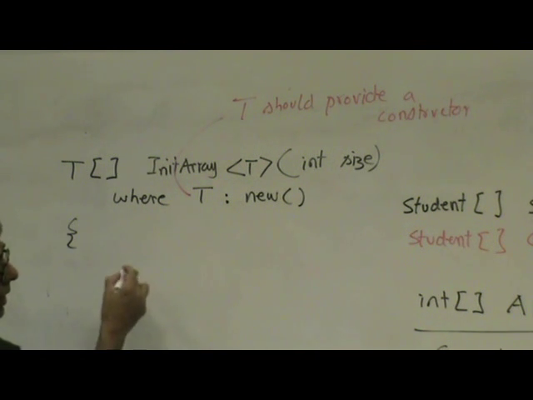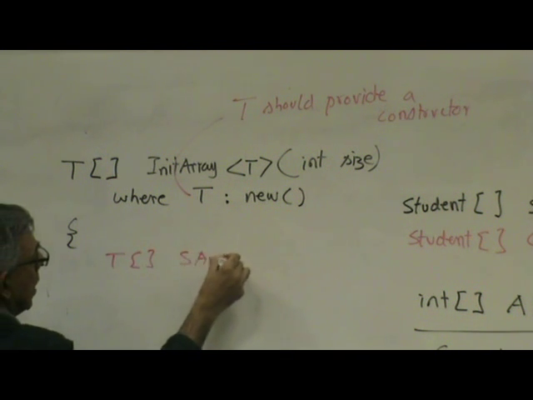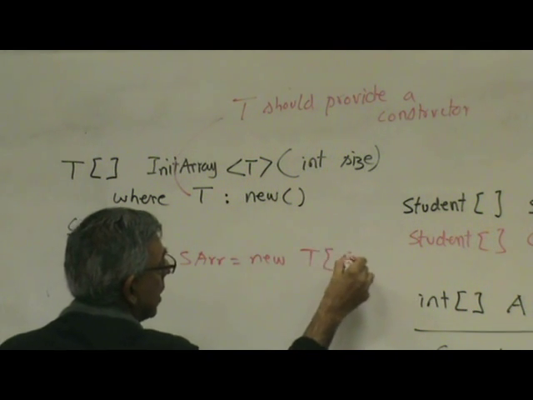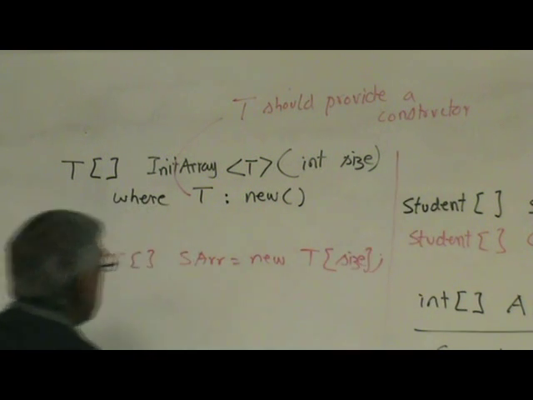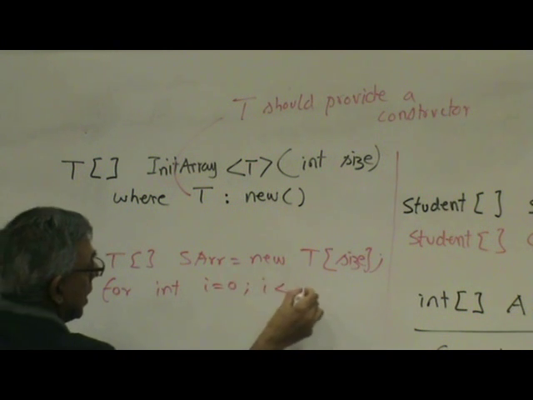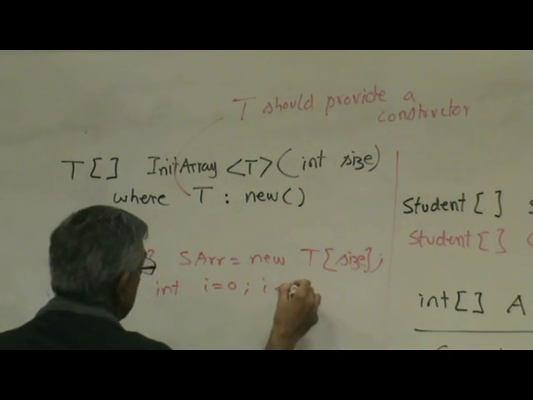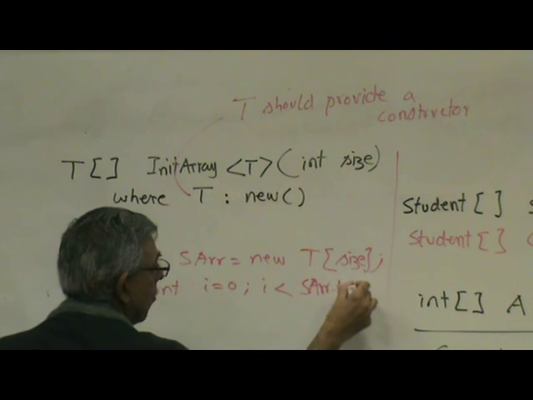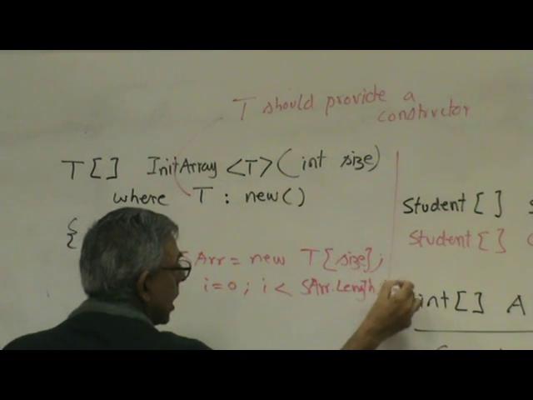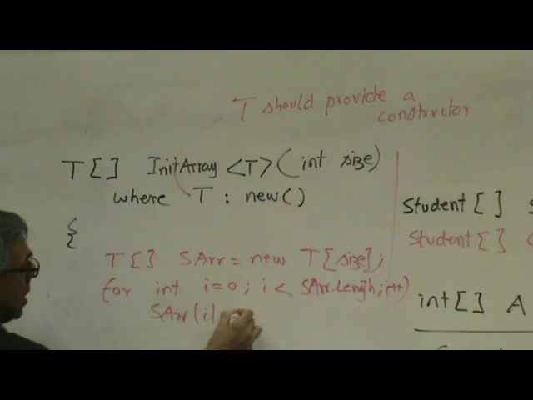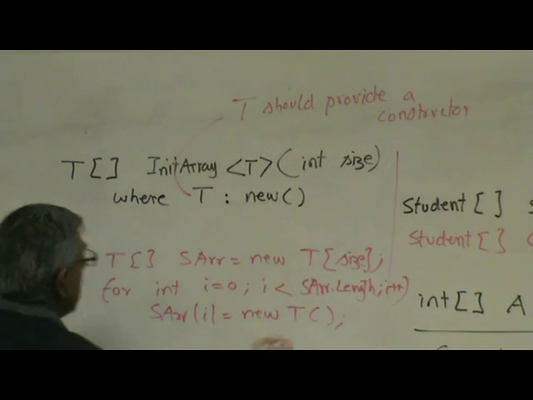And the rest of the code stays the same, meaning T[] sArray equal to new T[size], and for int i equal to 0, i less than sArray.Length, i++, and sArray[i] equal to new T().